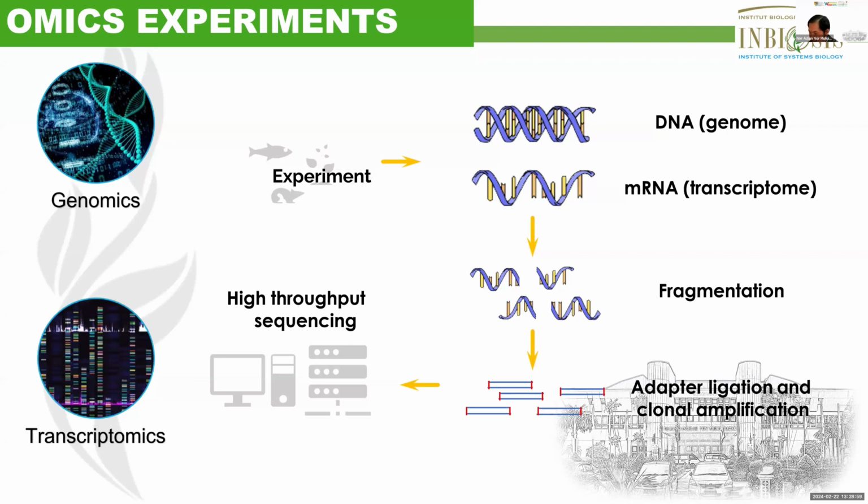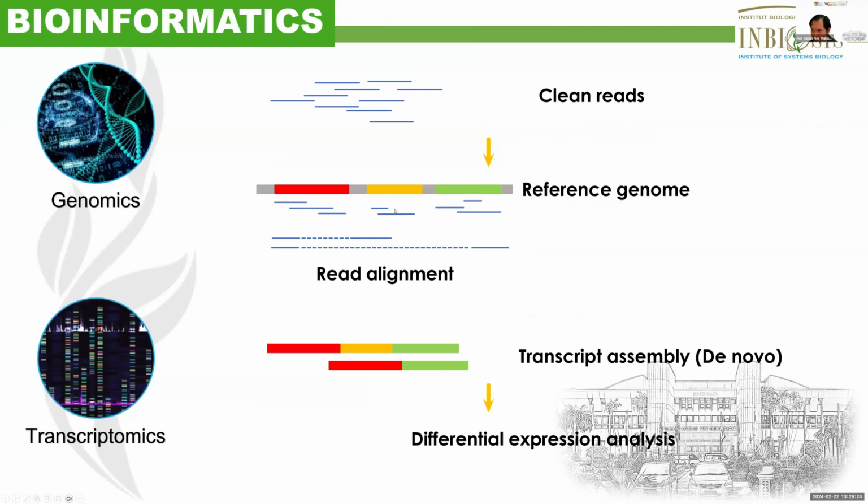Then the raw sample usually undergoes some kind of fragmentation method. This is especially true for NGS such as Illumina. Then it undergoes a library preparation step where adapters are added on, and it goes into the high throughput sequencing machines. From that, we basically get what we call reads.